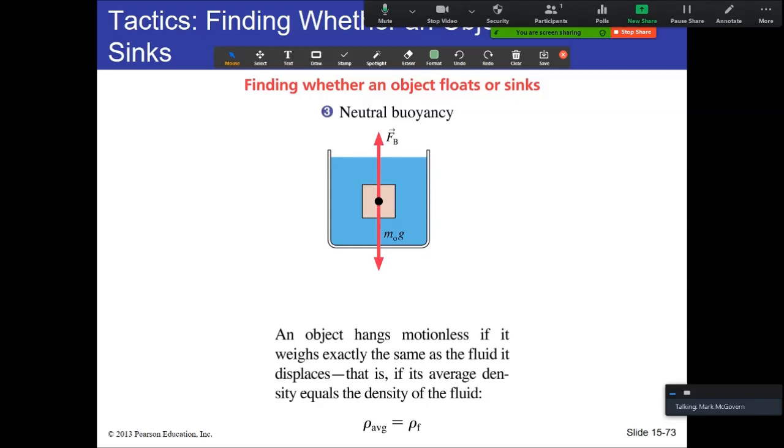What we call neutral buoyancy, or being simply suspended in the liquid, is if somehow you've created an object that matches the density of the water. This is something you can easily replicate when you're in a pool, as a kid or maybe now. You can control whether you sink or float by changing your density, and you change your density by taking air into your lungs.